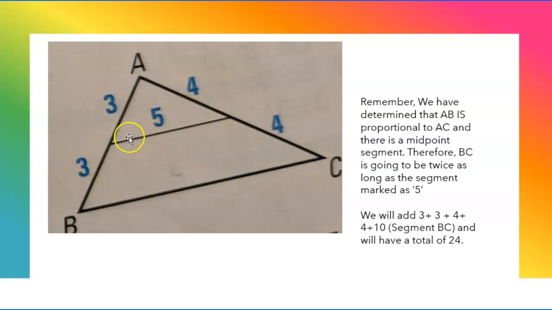Now, we know this is parallel to this because of these. So that means BC is going to be double this number, which is going to make it 10. So you're going to add 3 plus 3 plus 4 plus 4 plus 10, and you're going to come up with a total of 24.